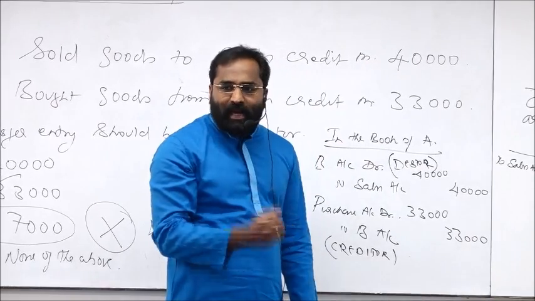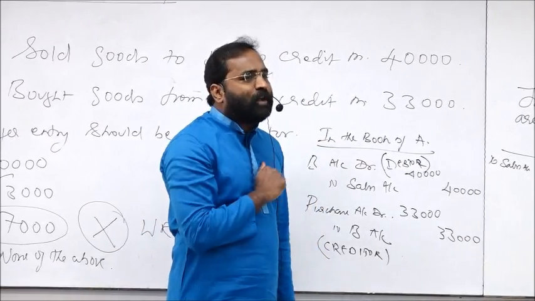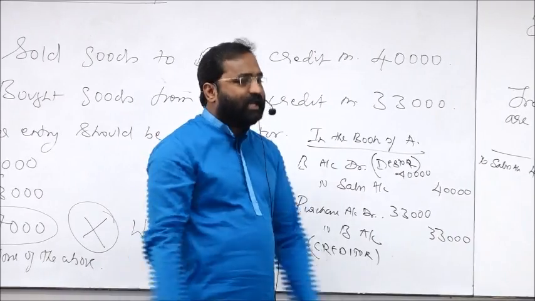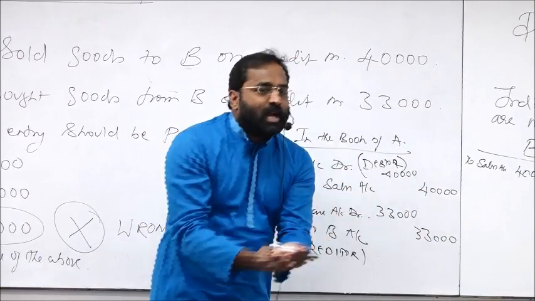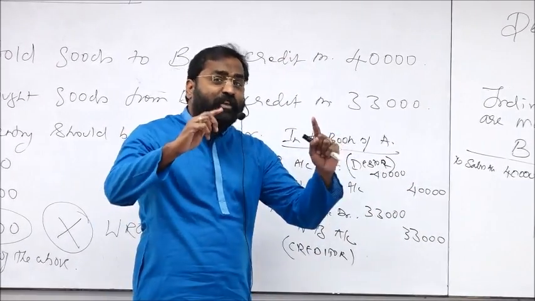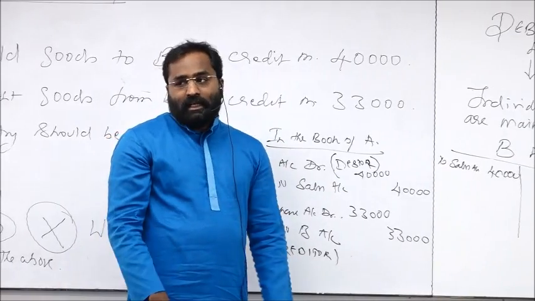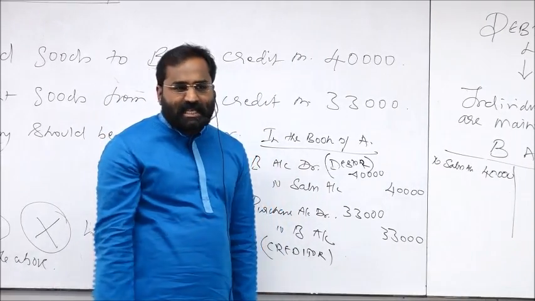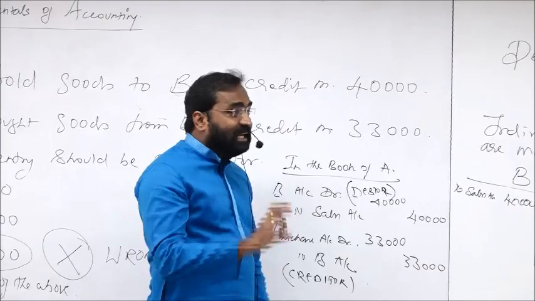I have to pay him 33,000. Whether that fellow will pay me 40,000, then I will pay 33, or we will adjust this amount. We will normally adjust this amount and settle the balance amount.